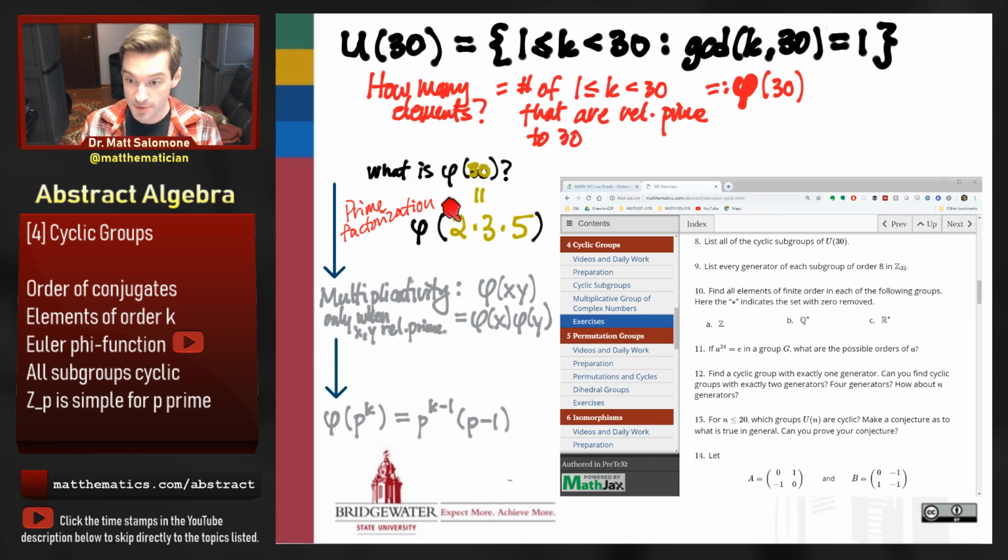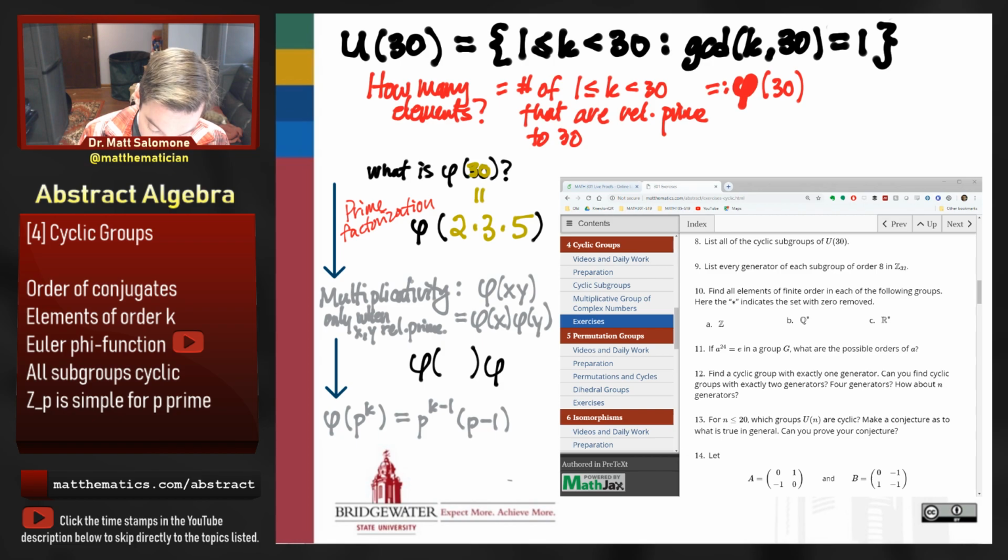Right? And so 2 is relatively prime to 3, 2 is relatively prime to 5, 3 is relatively prime to 5. Therefore, now I can use this multiplicativity property to break apart this Euler phi function. Phi of 2 times 3 times 5 is therefore going to be equal to phi of 2 times phi of 3 times phi of 5.